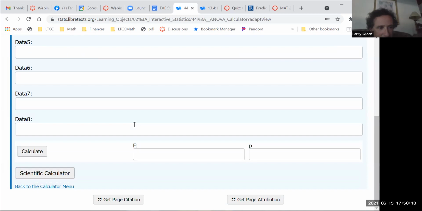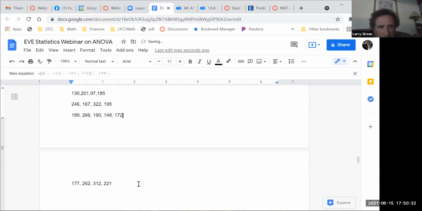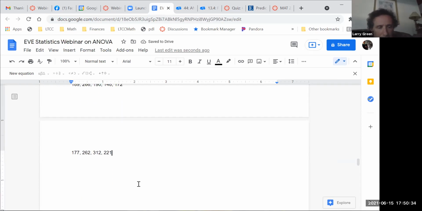Then we go ahead. Let's see what happens. Oh, look at that. Looks like we don't have the same song length, especially if using 0.05. So the test statistic is about 4.27, and the p-value is 0.03. So let me just write p-value was equal to 0.03.